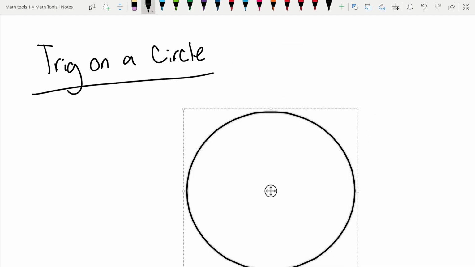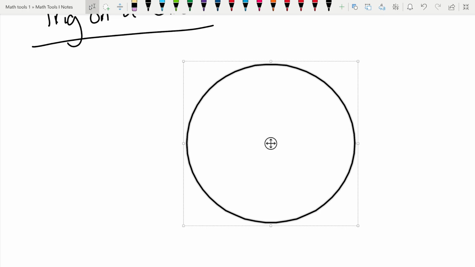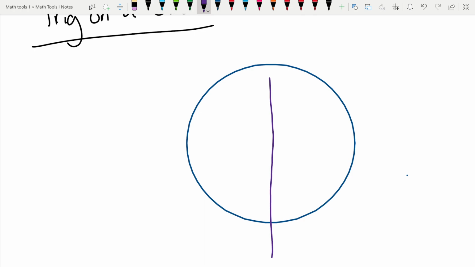And let's say that inside of the circle we have an x-axis and a y-axis. So in other words, we're just drawing a circle on our coordinate system.